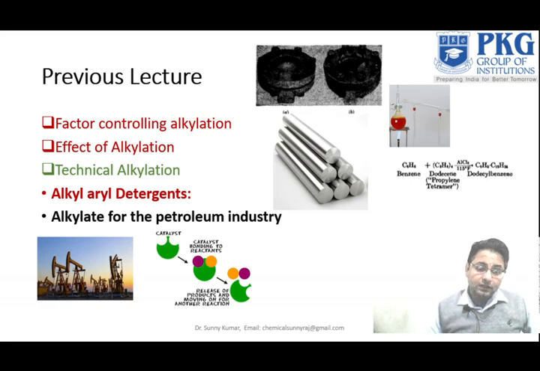In the sulfonator, it reacts with sulfuric acid, and then it is neutralized with sodium hydroxide. Then finally you send it to the dryer, and you get it in powder form and collect it. That is called the detergent. So this is the way you can produce the detergent.